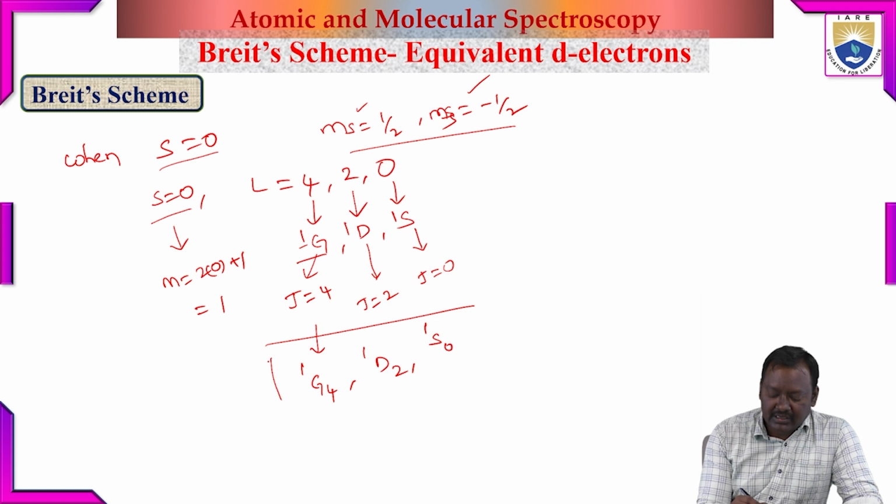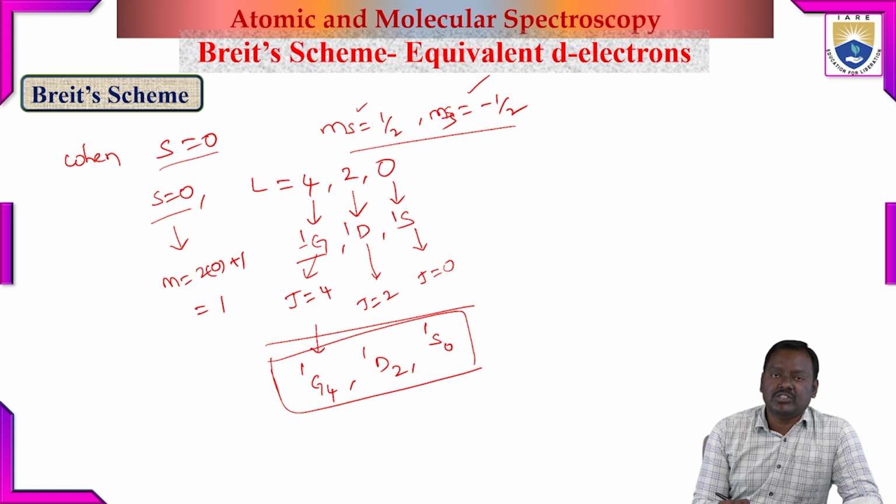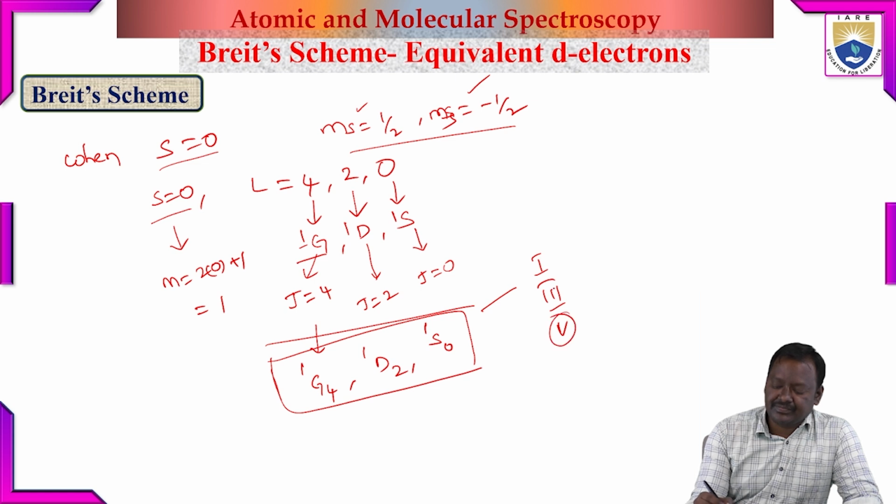So these are the spectral terms with S value 0, for the first set, third set, and fifth set.